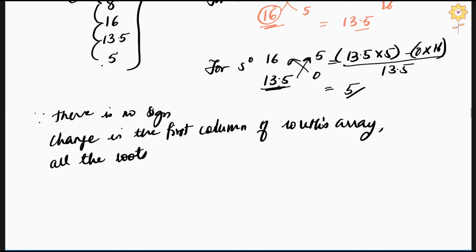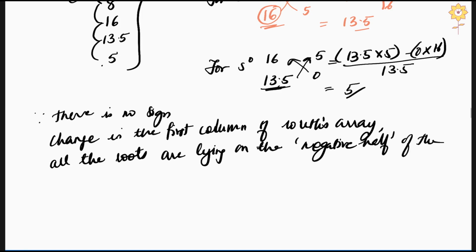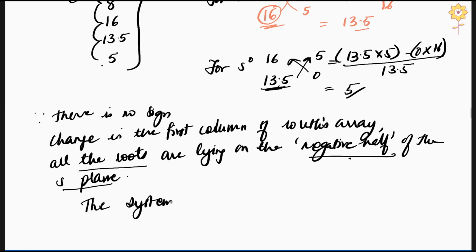Roots are poles and zeros. All the roots are lying on the negative half of the S plane. Okay. So, since all the roots are lying on the negative half of the S plane, this indicates that the system is stable.